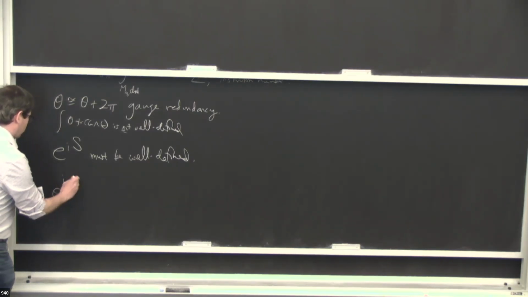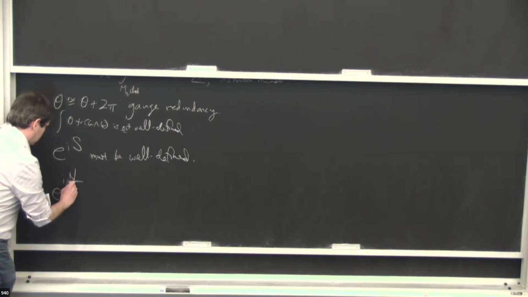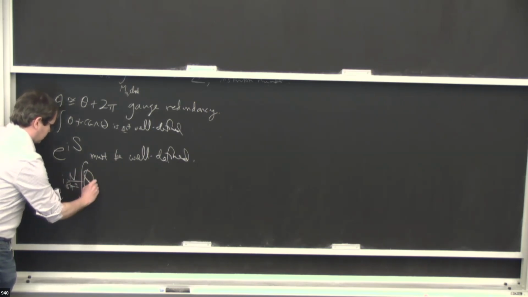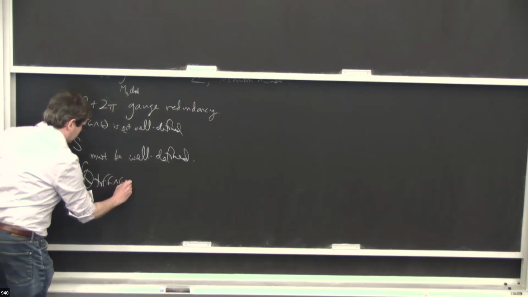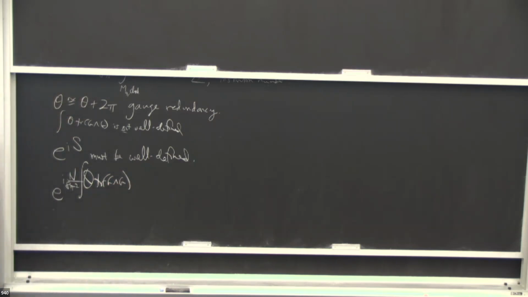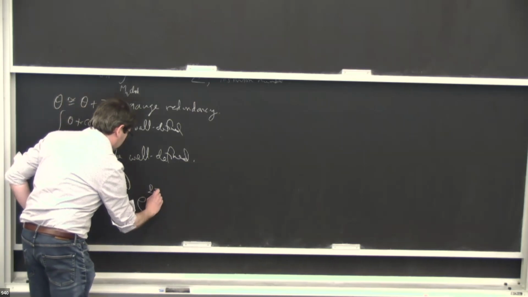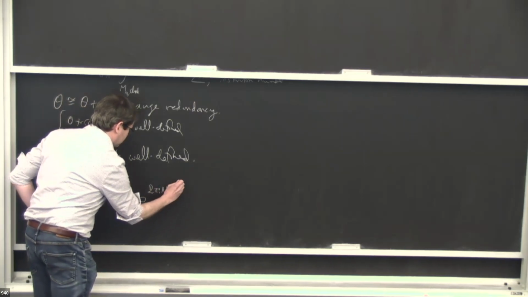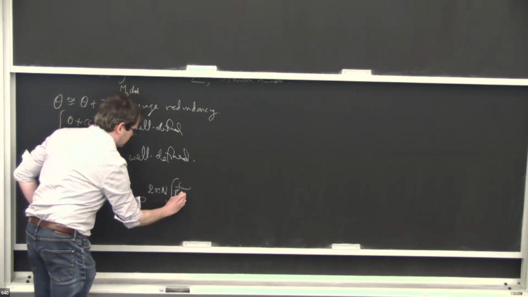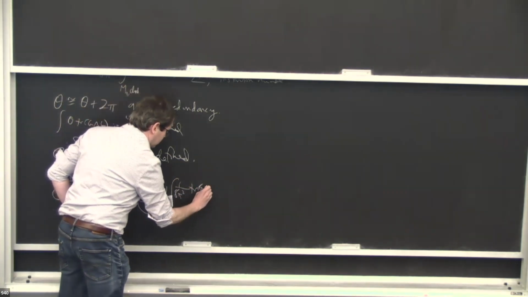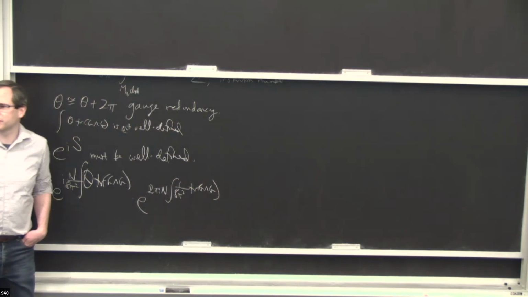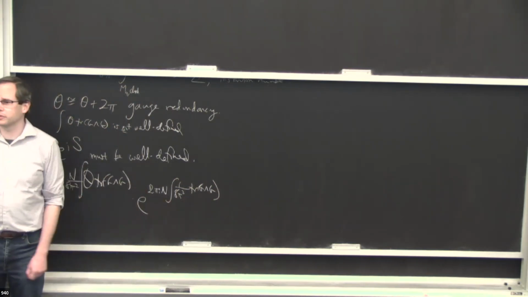If I take this term and I shift theta by 2 pi, I pick up a new factor in e to the i action, which is e to the 2 pi i n times this integral.